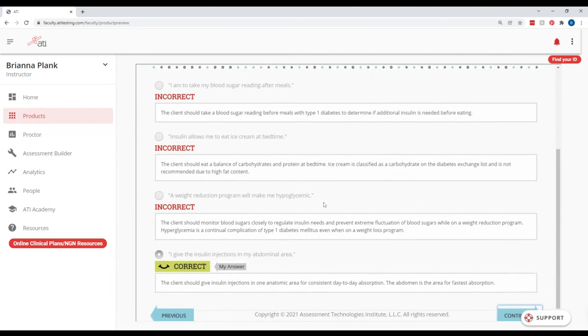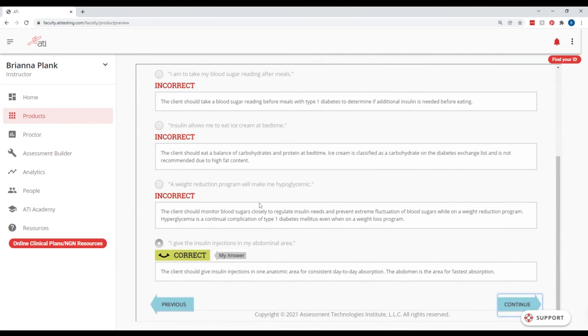It shouldn't make you hypoglycemic, but we do need to be careful with exercise. It does drive that blood sugar down. But no, we're not concerned about that. And then we're going to give, so this is what we were kind of talking about earlier. So abdomen is fastest for absorption. Other areas of the body can take longer.